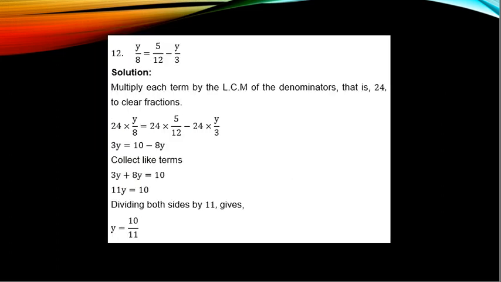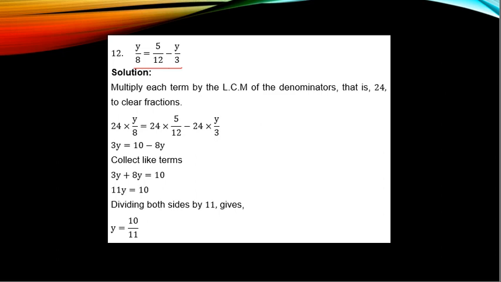Example 12. y over 8 equal to 5 over 12 minus y over 3. Clearing the fractions makes it easy to solve the equation.